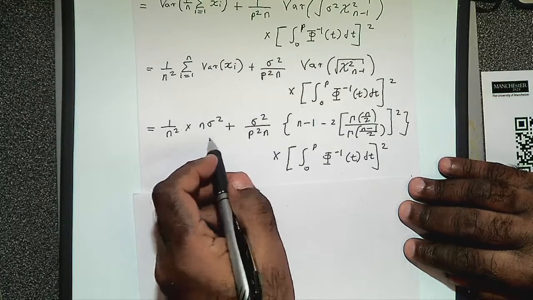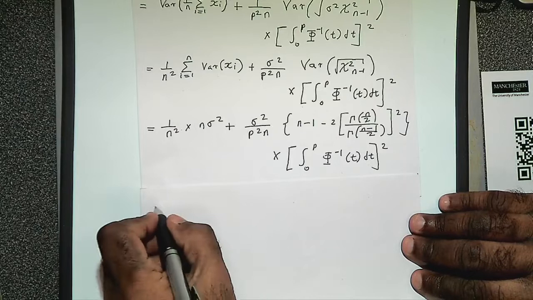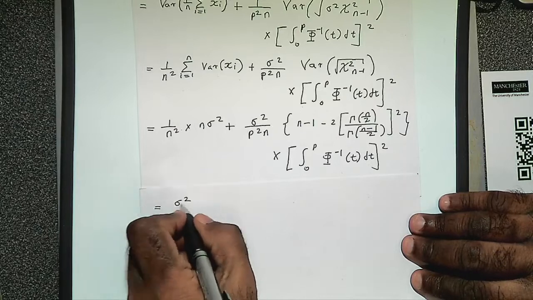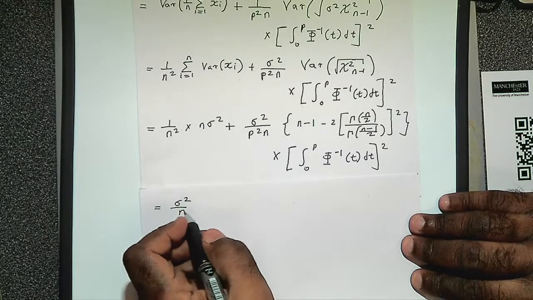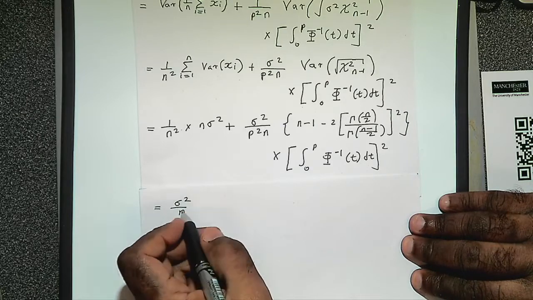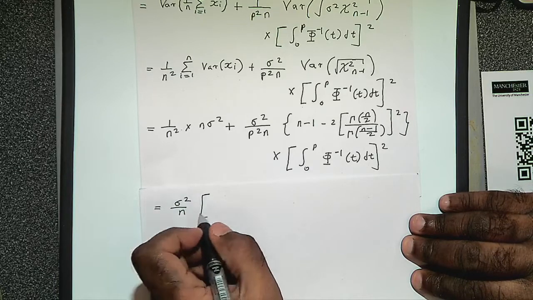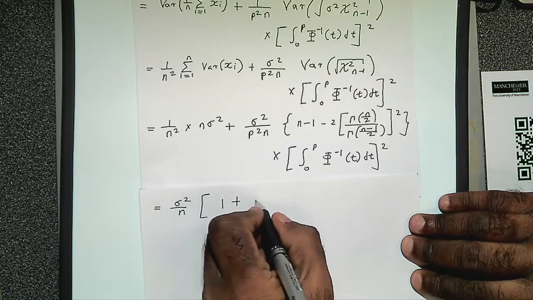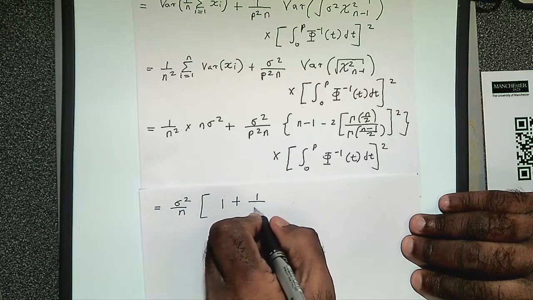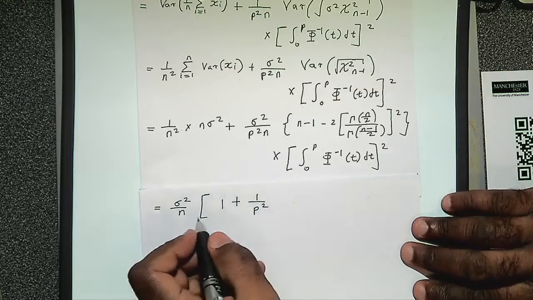Okay, so you have sigma squared by n, which is a common factor. So you have 1 divided by 1 over p squared, right?